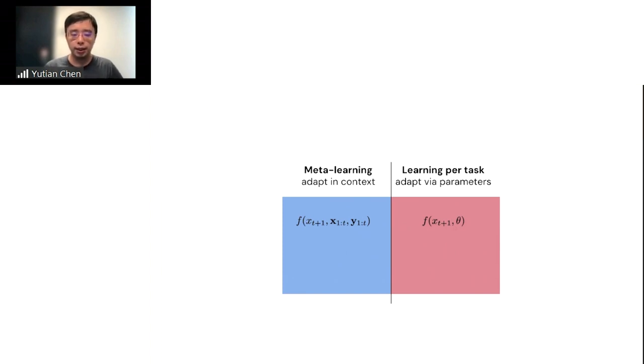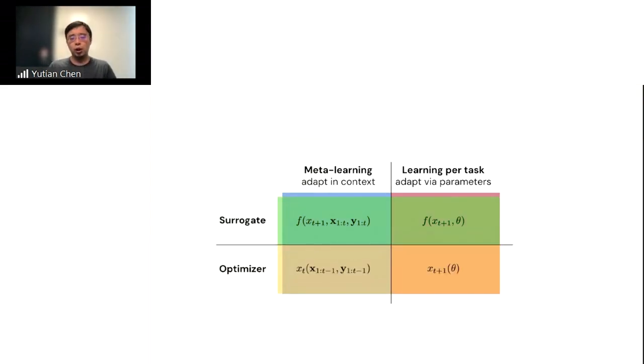The meta-learning idea is to make use of the in-context learning of the transformer, such that we don't change the parameters once it's pre-trained, and let it adapt to new optimization problems in its context. And depending on what we use the transformer for, we can classify its applications as either training the transformer as a function surrogate, or training it as an optimizer directly to provide the next query point in our search problem.